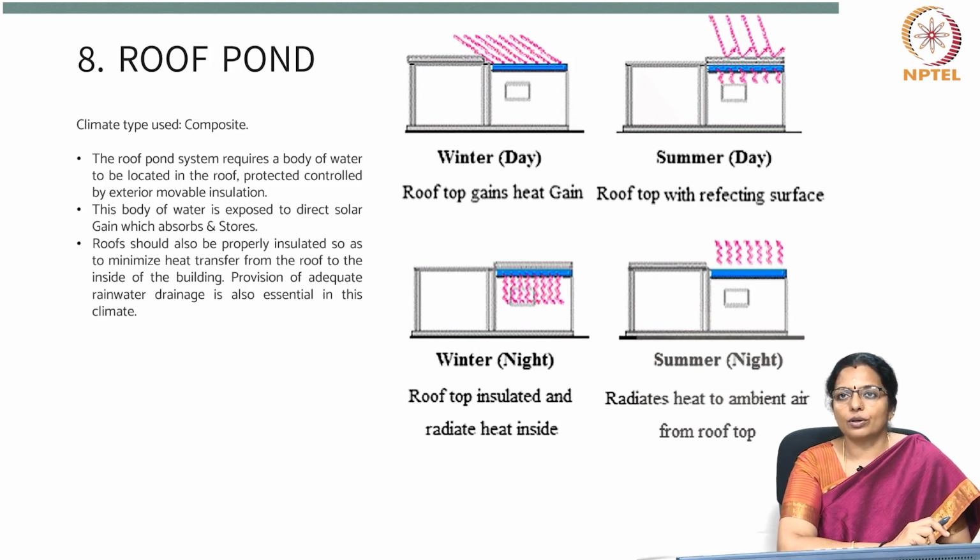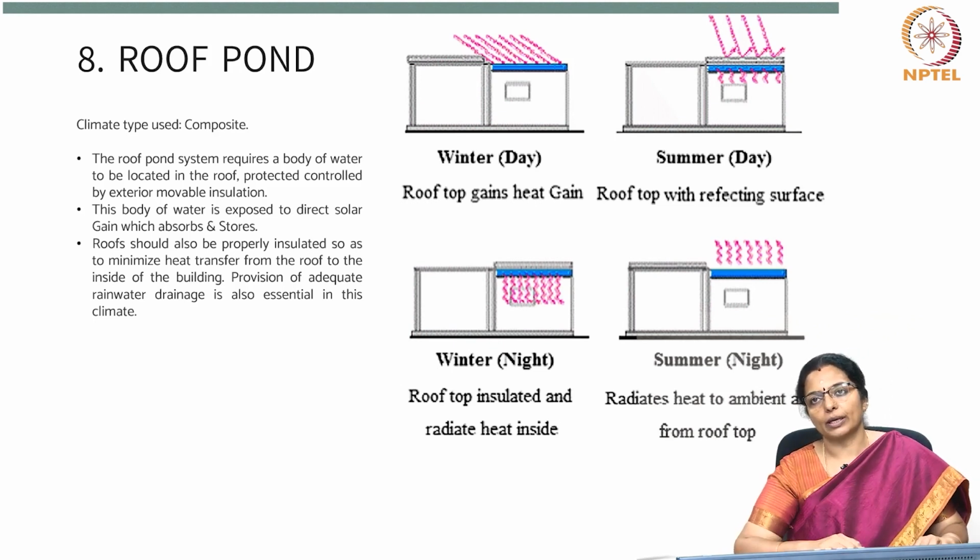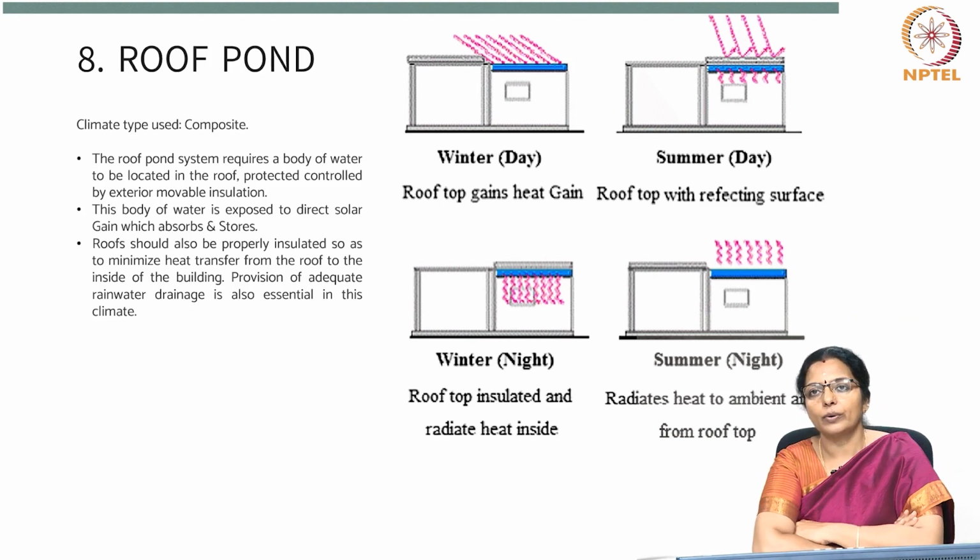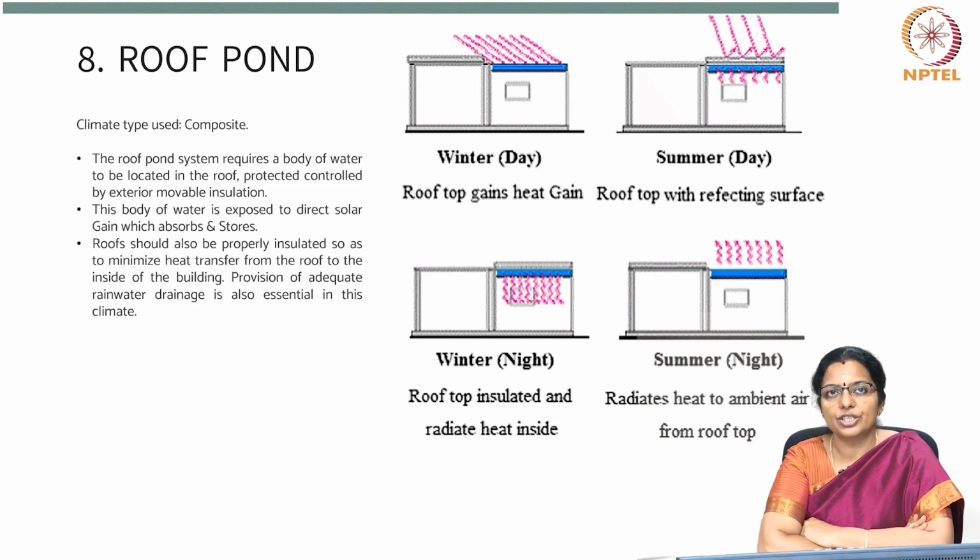The body of water is exposed to direct solar gain, which absorbs and stores the heat and releases the heat when necessary. Roofs should also be properly insulated so as to minimize heat transfer from the roof to the inside of the building, and the roof should be protected with damp proofing and waterproofing. Provision of adequate rainwater drainage is also essential for this strategy.